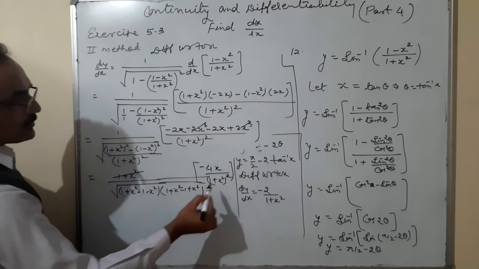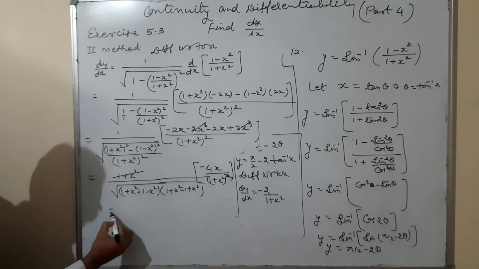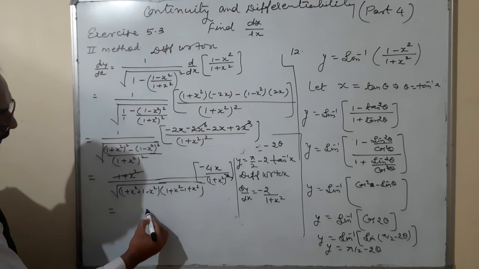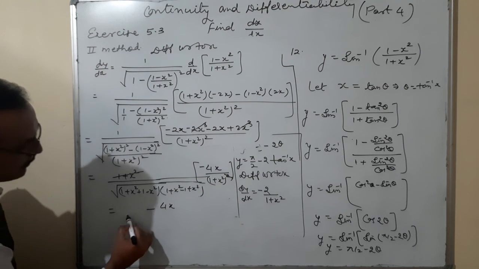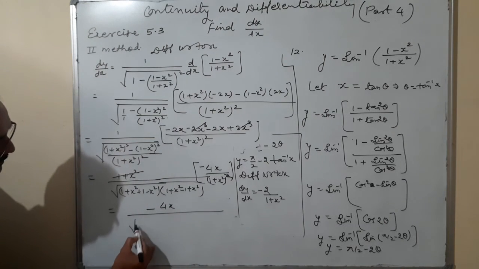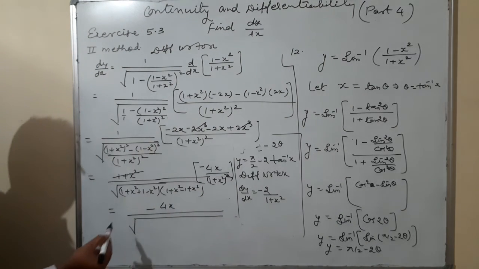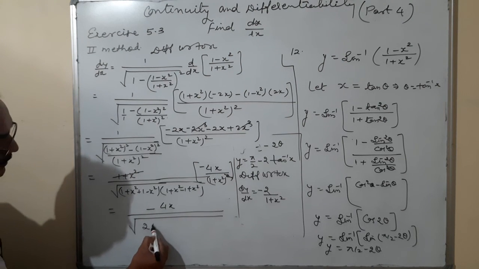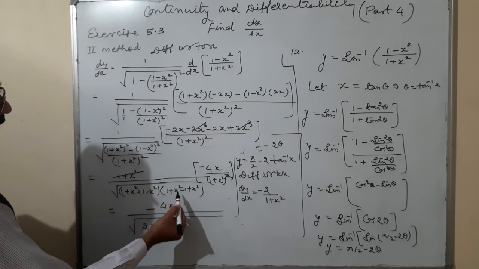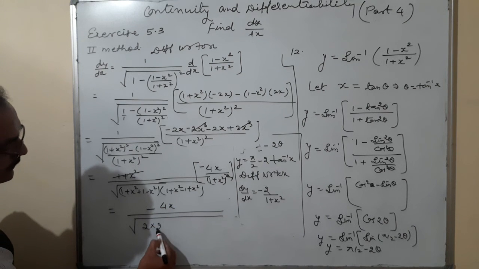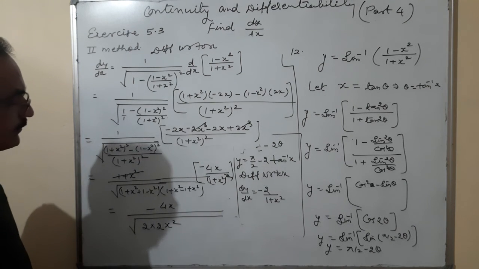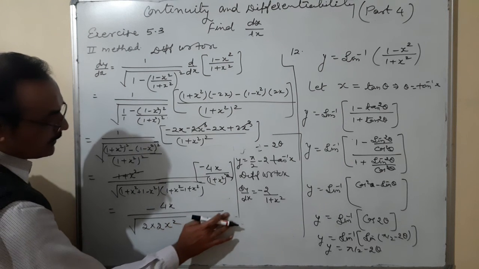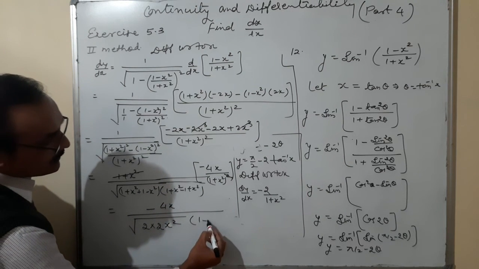So 1 plus x square is cancelled. It is coming minus 4x upon under root, x square cancel, 1 plus 1 it is 2, multiplied by here 1 cancel, x square plus x square 2x square. And one term is left, that is 1 plus x square.